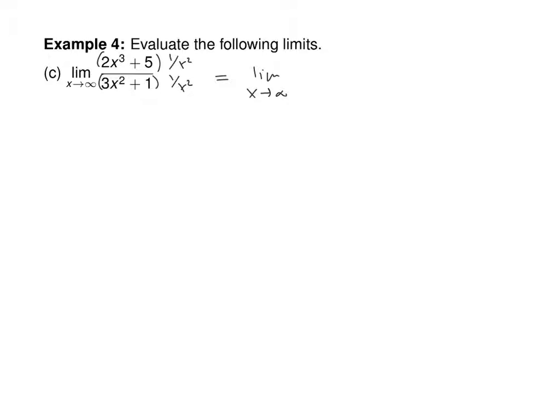So this will be 2x plus 5 over x squared over 3 plus 1 over x squared. And what happens to the numerator? Where does that go as x goes to infinity? Infinity over 3, right? Which still makes infinity.